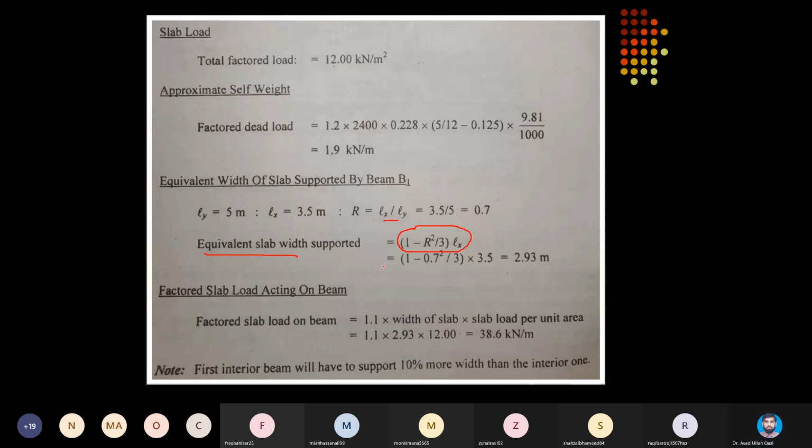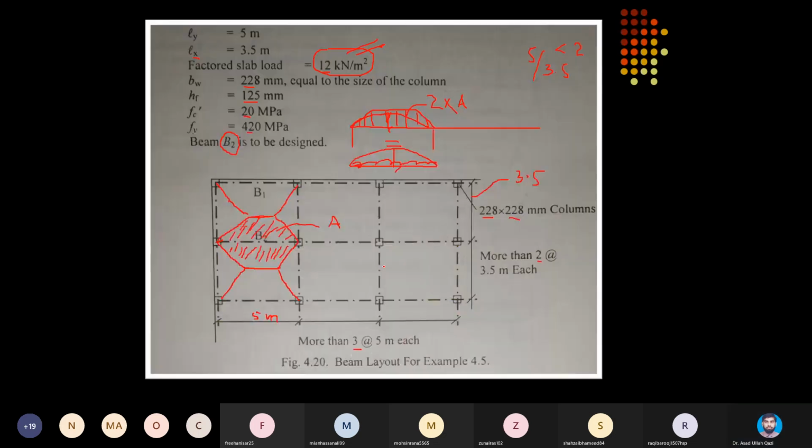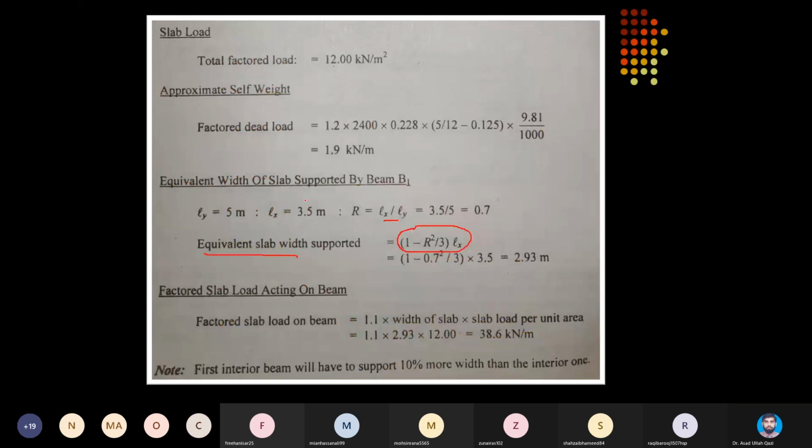And if I want to determine the equivalent slab width for the beams which are running along the y-axis, and suppose I am talking about this beam B4, which is taking triangular loads, then there are two triangles which will be transferring the load on this beam. Then the equivalent width to determine the UDL we derived was 2 by 3 into Lx.